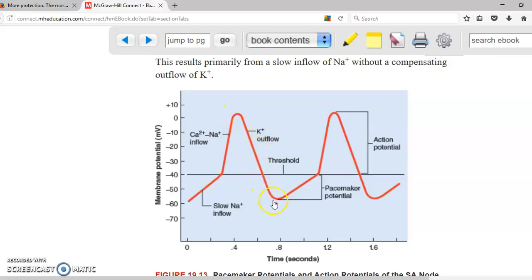It goes down to negative 60 and it starts over again, with slow sodium channels opening up at more or less negative 40. There, sodium and calcium channels open even more, and then this goes up immediately to about positive 10, and then it goes down again to negative 60 because potassium goes out. And this is going to represent the action potential.